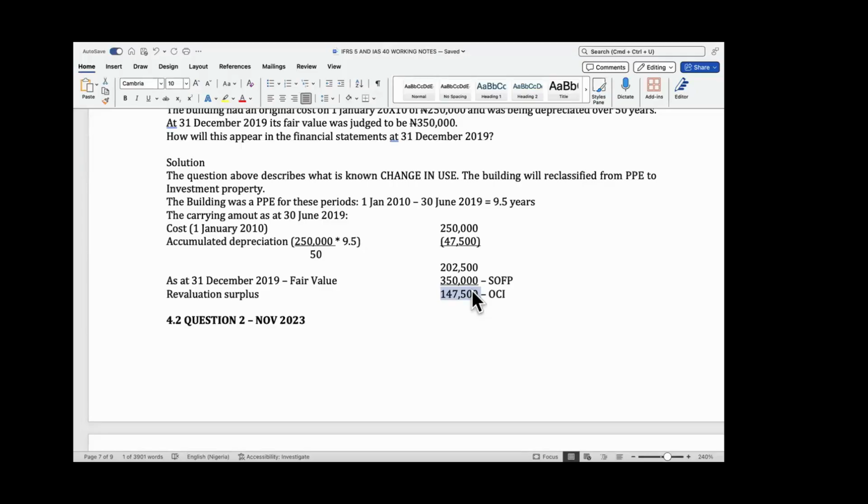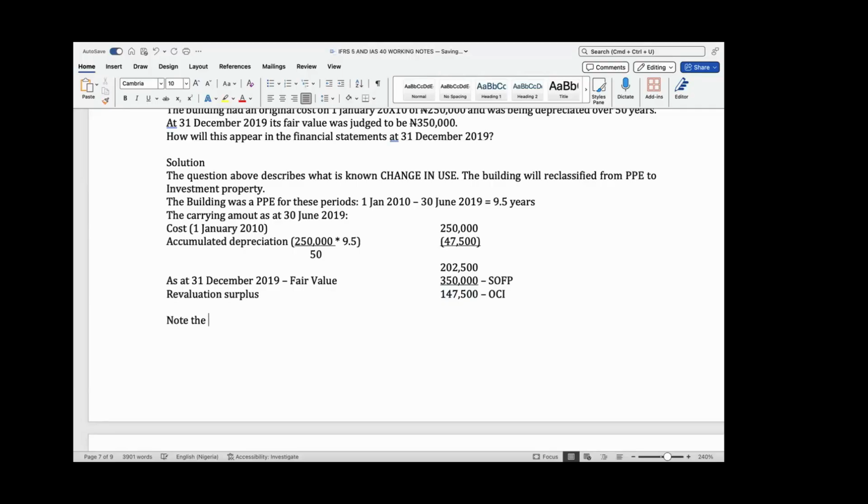Then subsequently, whatever gain we make going forward can be attributed to the asset being investment property. So this is going to go to OCI.